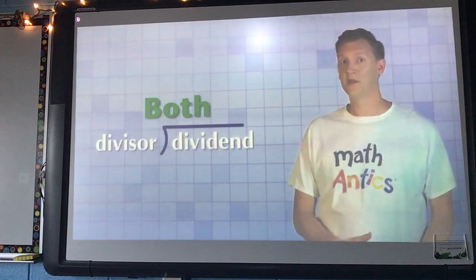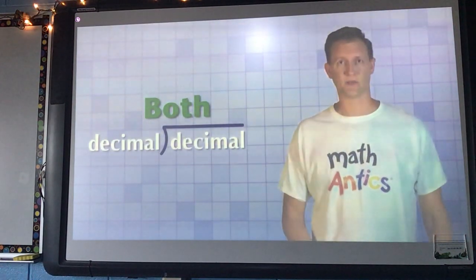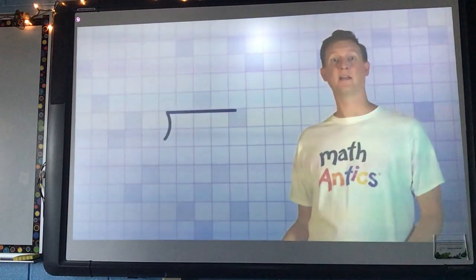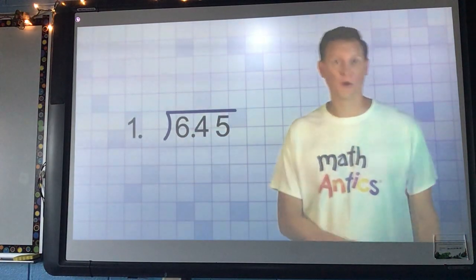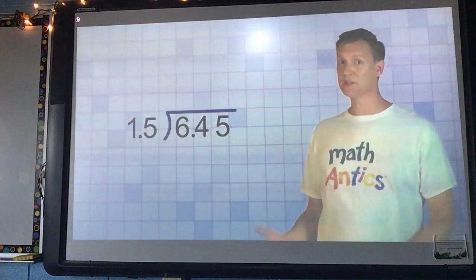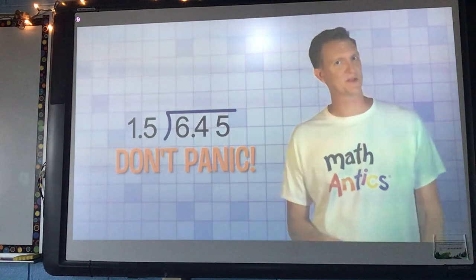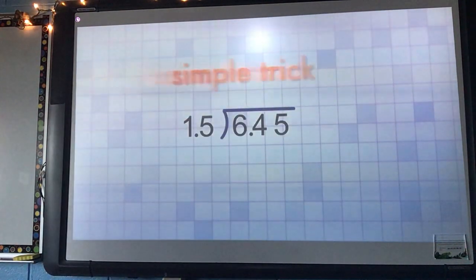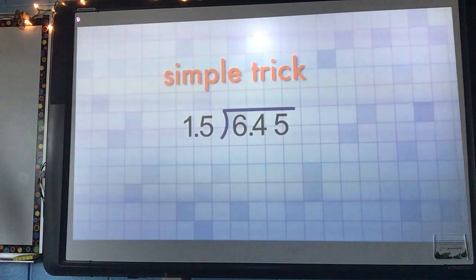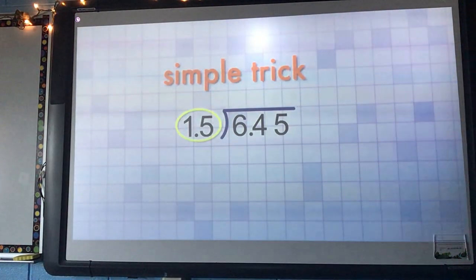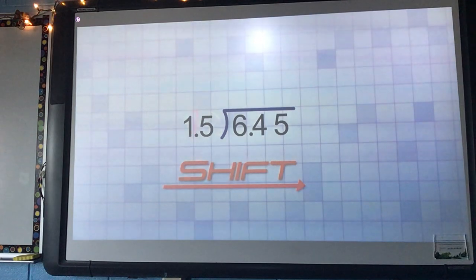But what if both the divisor and the dividend are decimals? What if you have to divide 6.45 by 1.5? Well, the first step is don't panic. As you'll see, this isn't much harder. It turns out that there's a very simple trick that we can use to make it so our divisor is not a decimal number. We can just shift the decimal point in the divisor to the right until it's a whole number.